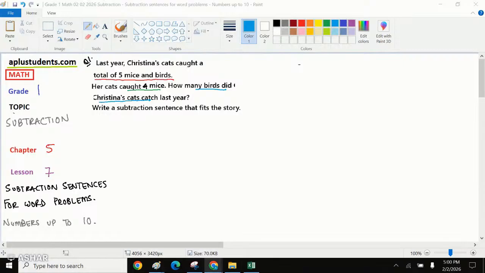So we know the total was 5, right? Out of the total 5, we subtract 4 mice, which should be equal to 5 minus 4, that would be 1.